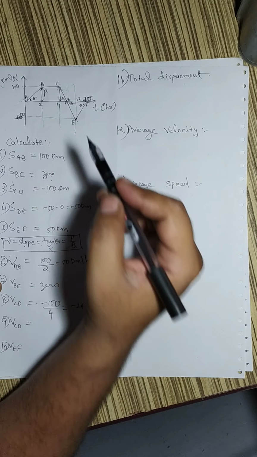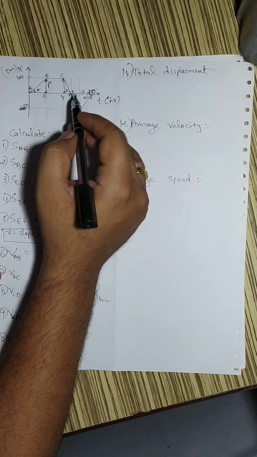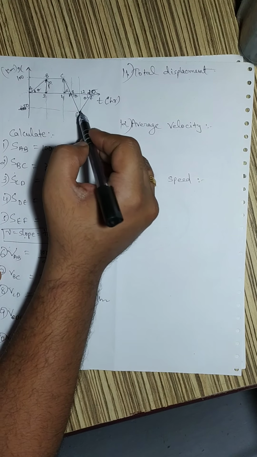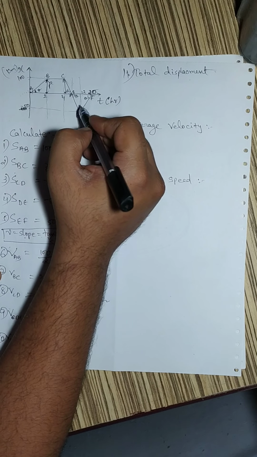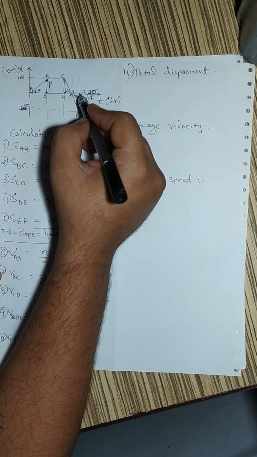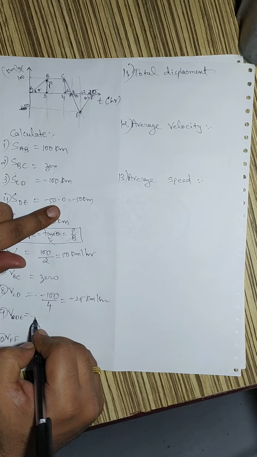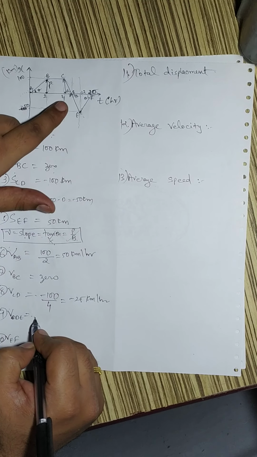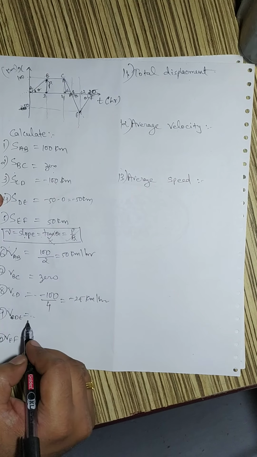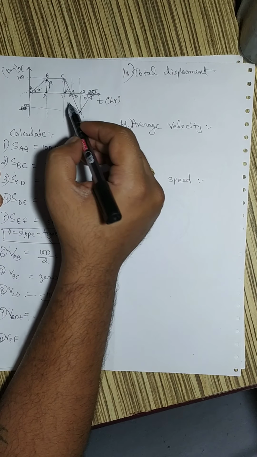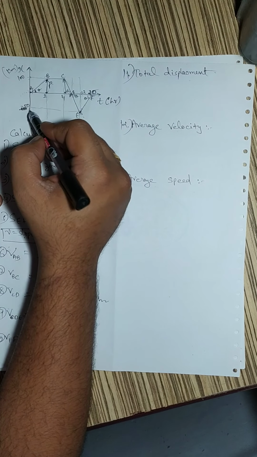Similarly for DE, if I calculate DE, this point and this point, so again perpendicular will be final position minus initial position. Okay, let me check here. DE. Perpendicular is final position minus initial position.